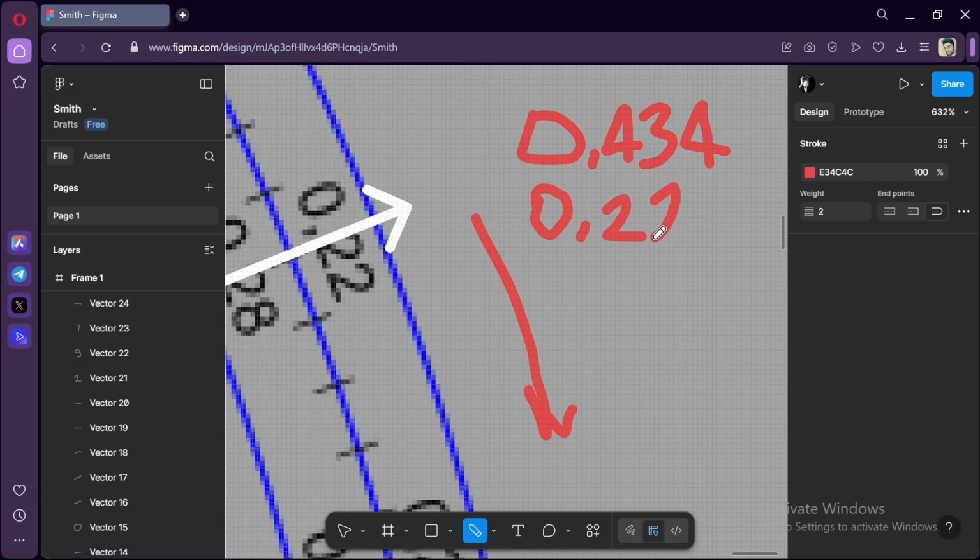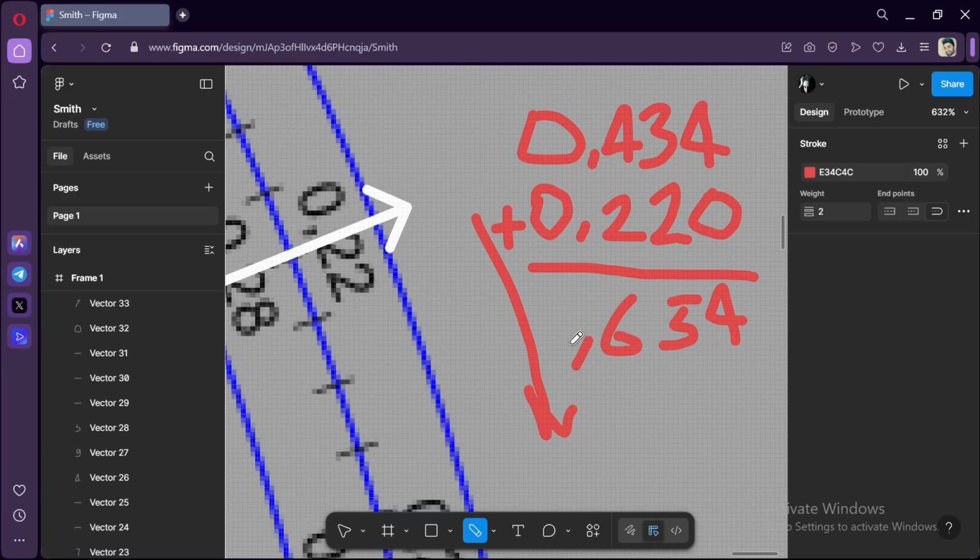After traveling this much we will be on this place.